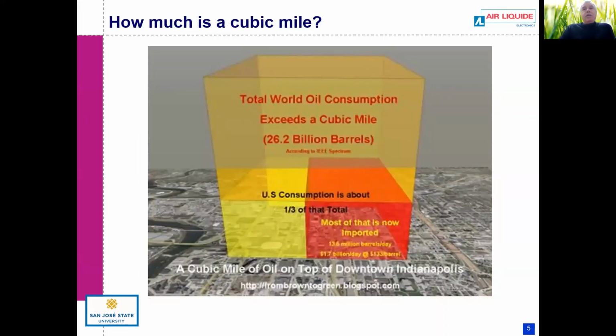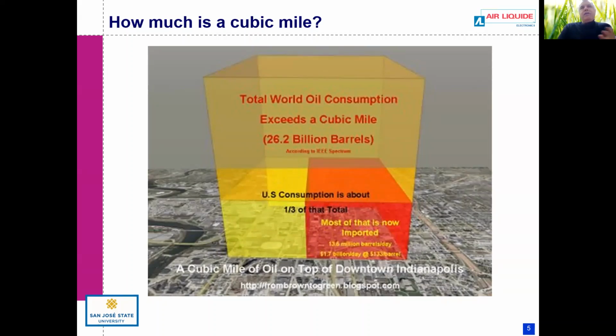This is a map of downtown Indianapolis, and this is a cubic mile on top of it, the amount of oil fuel the world uses every year. So it's not an insignificant amount, and it will eventually run out.